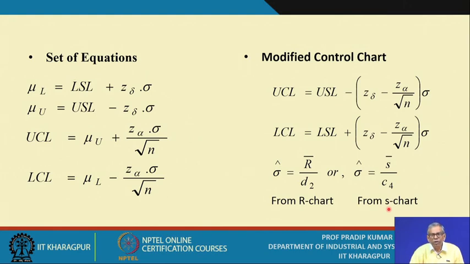Now before I close the session, I want to highlight one important point. This modified control chart you use only when it is assured that the process is in statistical control. And how do you know that the process is in statistical control? As I have already mentioned, if the process spread is substantially less than the specification spread, and the process is centered, that is a very important point.